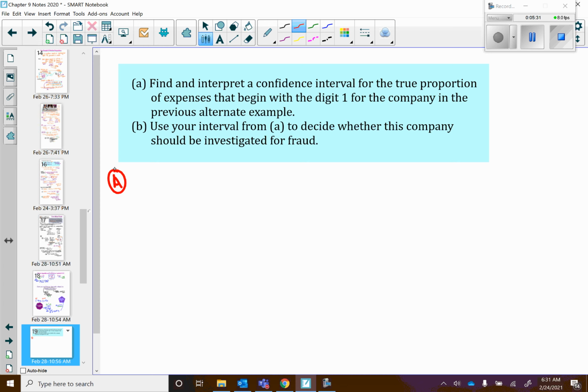So for A, find and interpret a confidence interval for the true proportion. Maybe you have to flip back, and that's okay, but I know this is going to be a 1 sample Z interval. And I will say, and I forgot this 20 seconds ago, we're not going to do a full state, plan, do, and conclude here. We are just going to find and interpret the interval. So 1 sample Z interval, p hat plus or minus z star times the standard deviation of our sampling distribution of sample proportions.